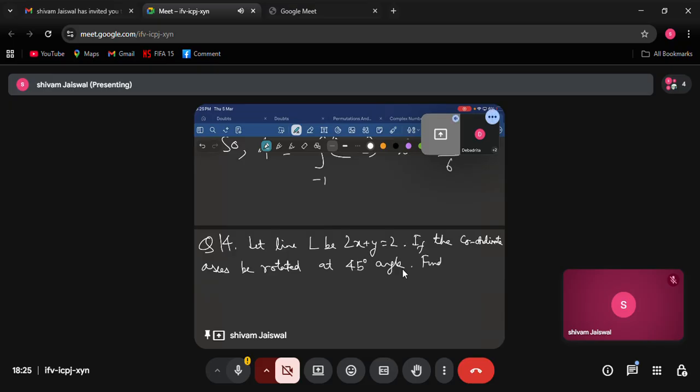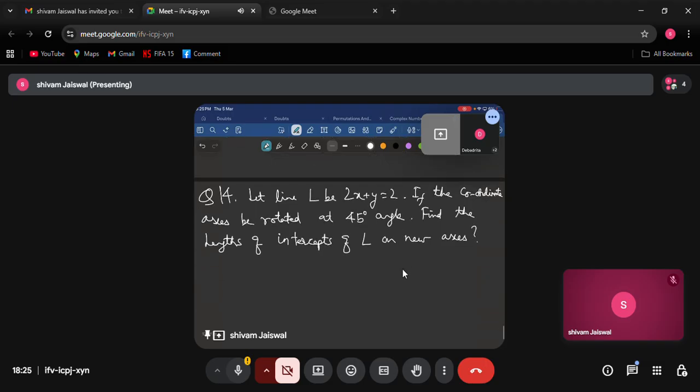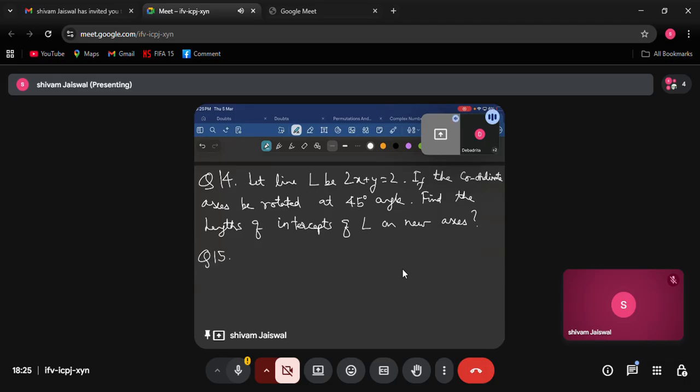Find the lengths of intercepts of L and the new axis. Sorry. Question number 15, last one.